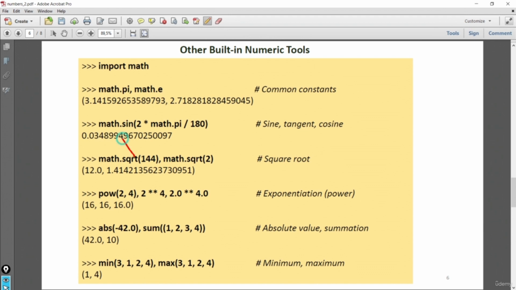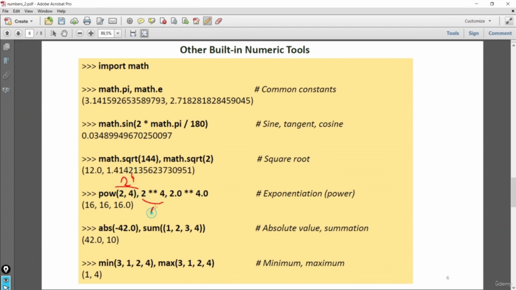And square root can be calculated using the sqrt function of the math module. So the square root of 144 and 2 is calculated like this. Power is used to calculate exponentiation. So this means 2 to the power 4.